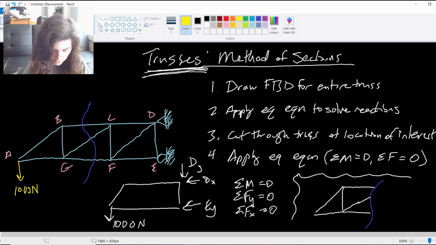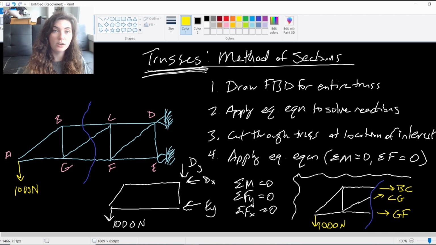And now what I'm seeing is the forces through those members. So the force in member BC, the force in member CG, in this case the force in member GF, along with those applied forces and any reactions that were there.